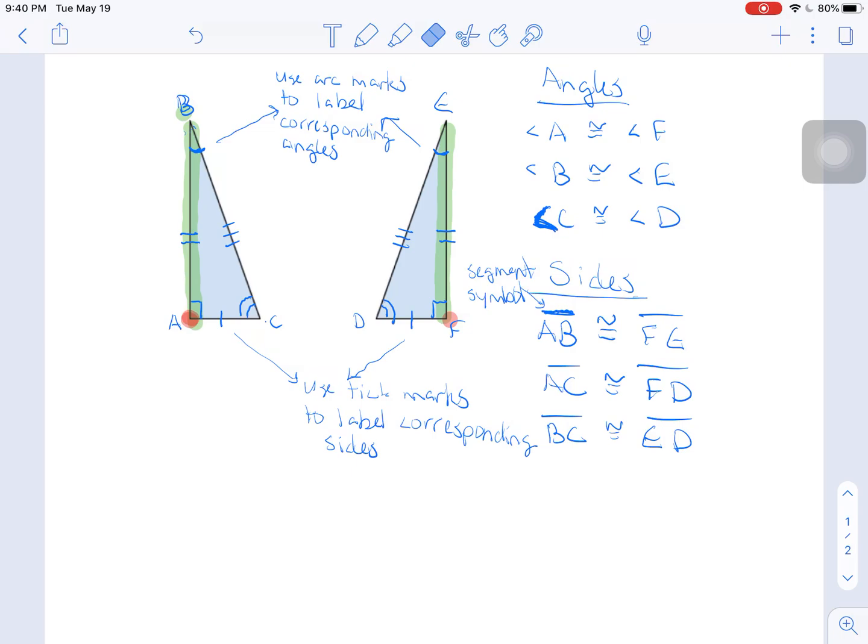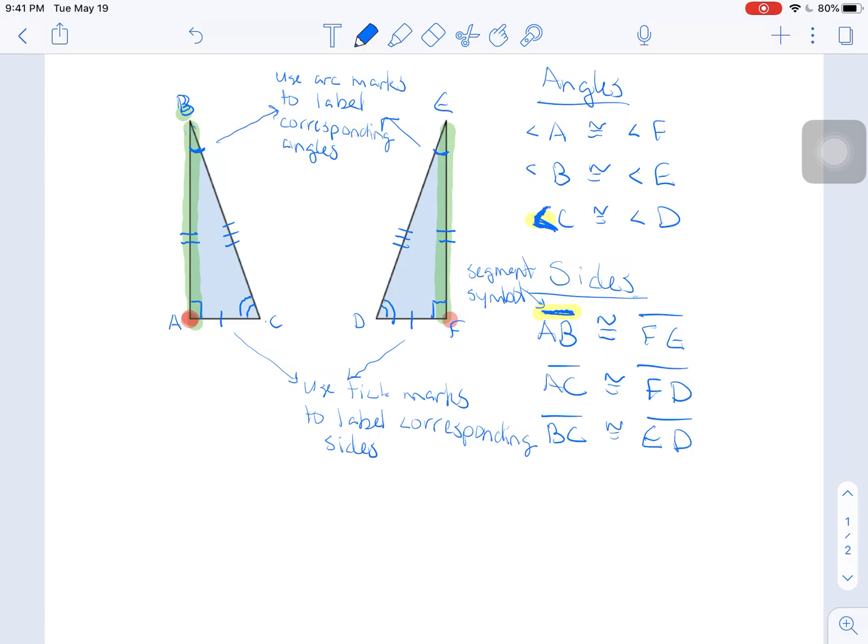So if all the angles match up, they all did here, and all the sides match up, they did here, then that means we could say the shape as a whole is congruent. So we could say that overall these triangles are congruent. So you can make a congruency statement with those triangles. So kind of like how we have an angle symbol for angles and a segment symbol for side lengths, we also have a symbol for triangles.